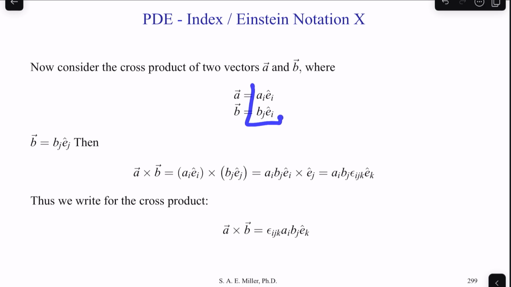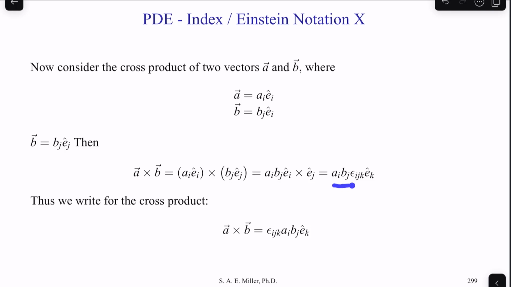So here's our Einstein notation. So let's do the cross product. We take A cross B, and we'll take these and substitute them in here. And then we can substitute our definitions. We have A_i B_j e hat i cross e hat j. So we see how we do this.